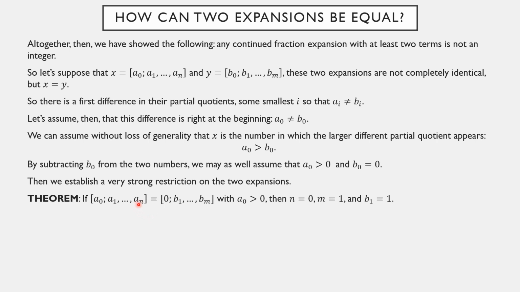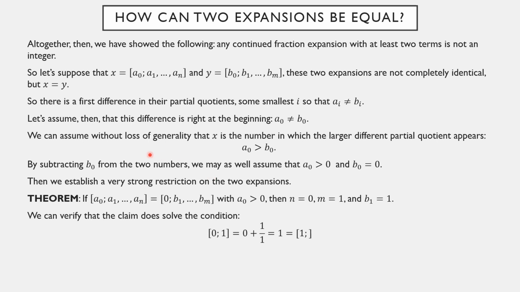In other words, this continued fraction expansion actually doesn't have anything beyond the integer part a0. This continued fraction expansion has exactly one more term. Okay, so the length here, the final index, is exactly 1, and that one term that appears must be exactly 1. So we can verify that when all of those things happen, the initial hypothesis does hold.